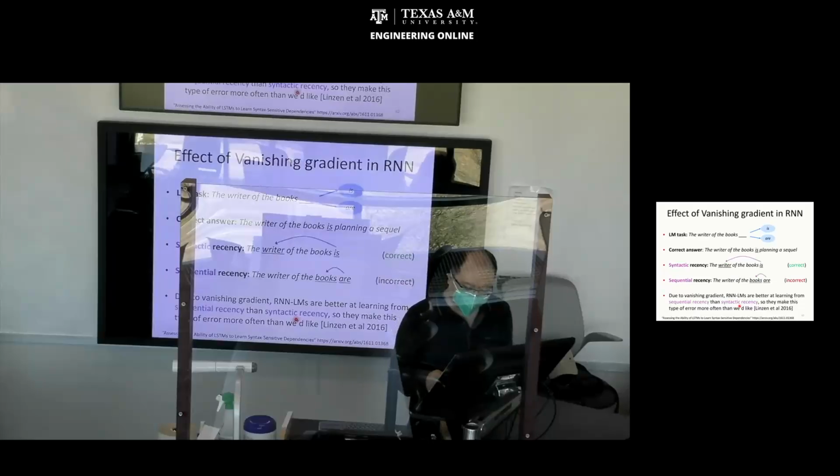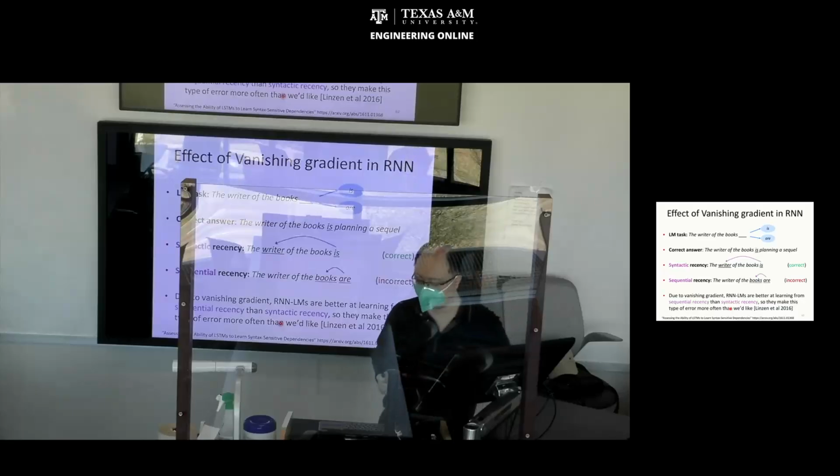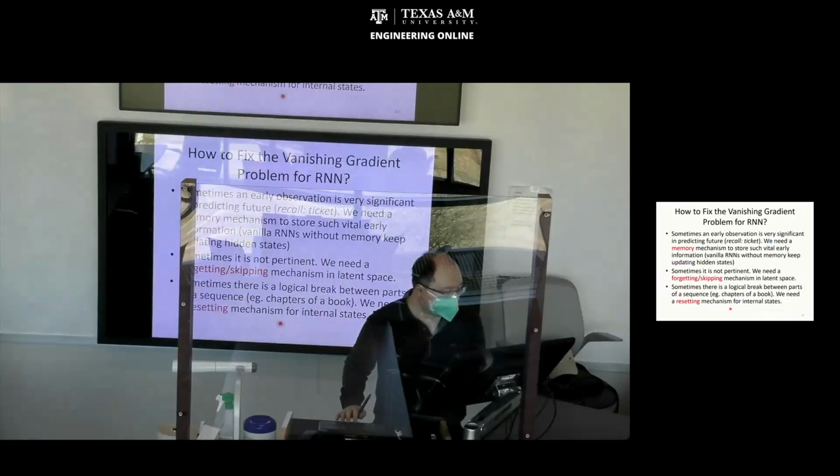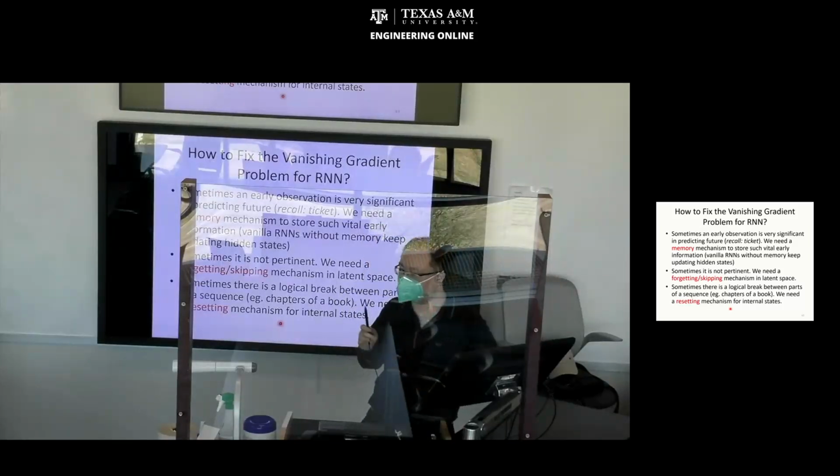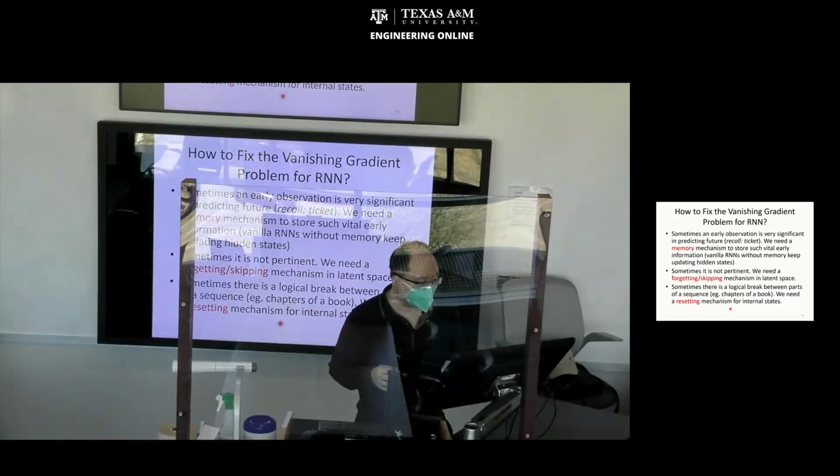That's why in the early days, RNN-based language models made this kind of mistake a lot. And how to fix such problems? This is exactly how LSTM was motivated and invented, and we'll talk more about it.